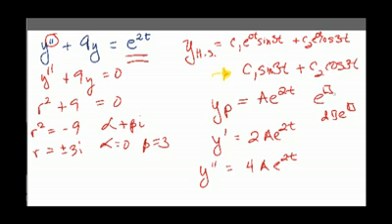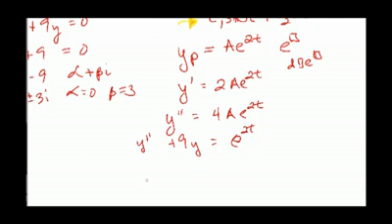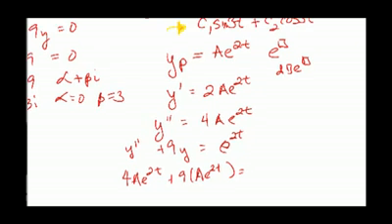When you plug in, this is your differential equation. So let's plug in, we get y double prime is 4a e to the 2t plus 9 times a e to the 2t, and that's going to equal, what was the right hand side?